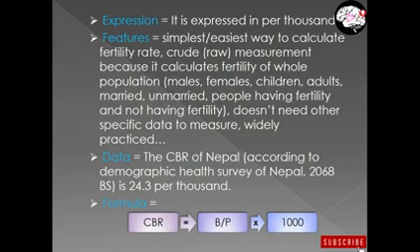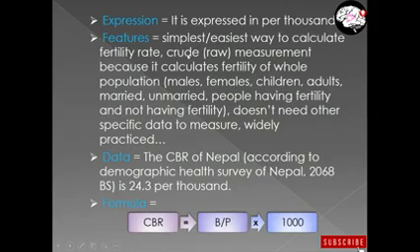Now what are the features of CBR? As I have already said, crude means very raw, simple, easy. So this is the simplest and easiest way to calculate fertility rate. This is the primary basic type of fertility rate.